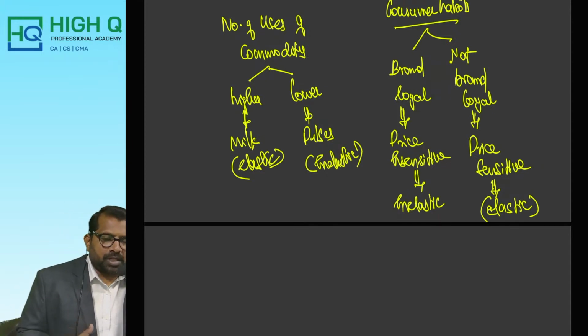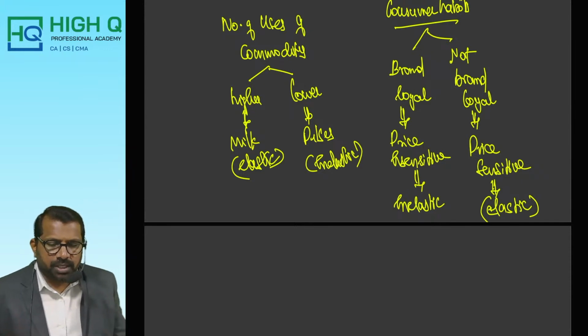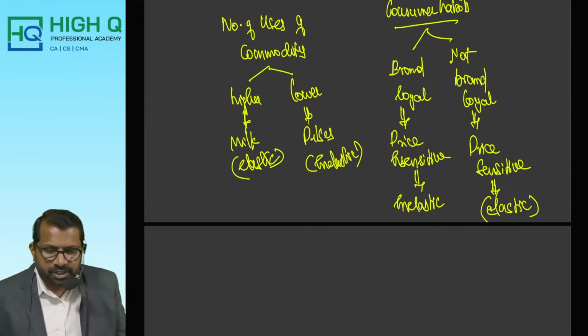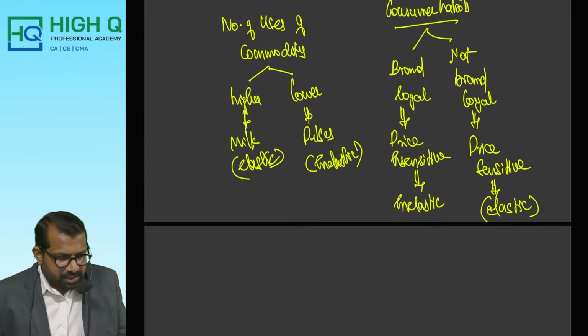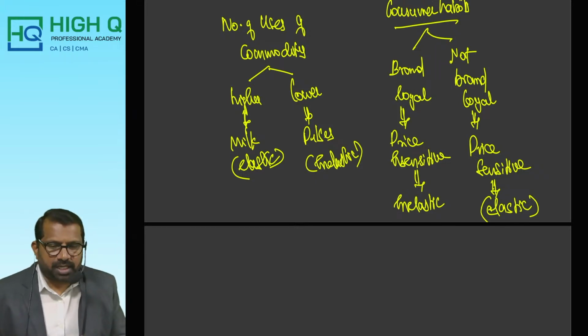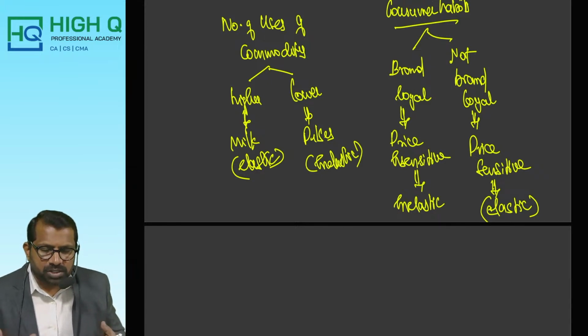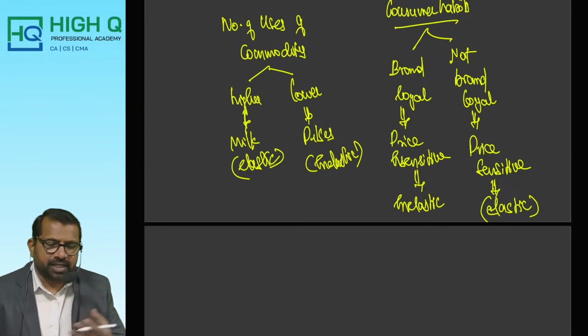So consumer habits may keep changing. Some people will show interest in buying a branded commodity. Another group of people will look at the price and show interest in purchasing a commodity whose price is lower, so for them demand is elastic. Comparing brand and non-brand, most brand loyal people buy very expensive products, whereas others purchase products where the price is very low.